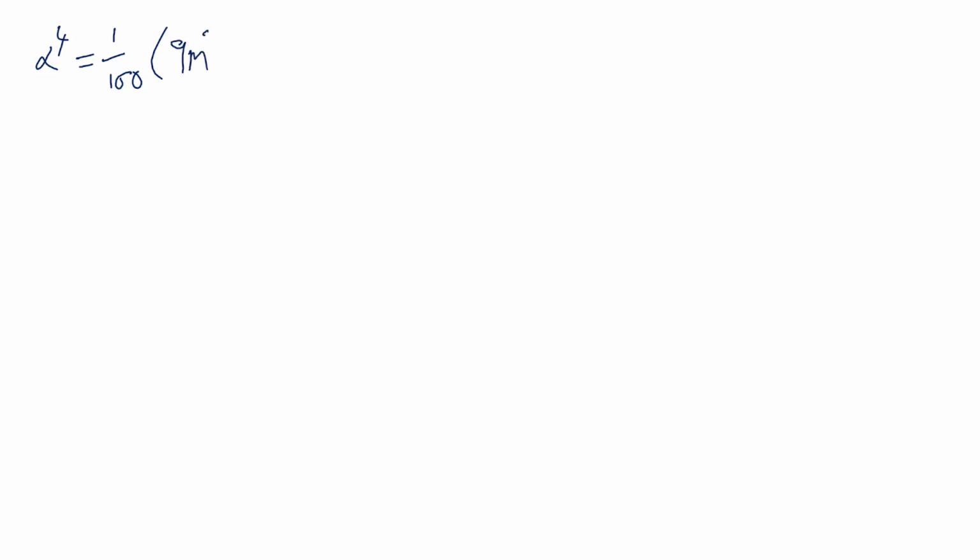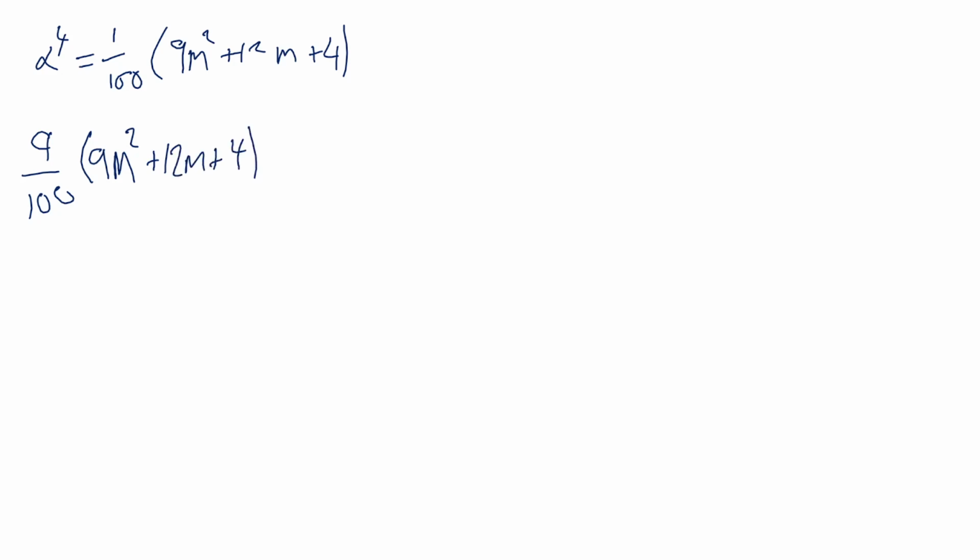So we have 9m squared plus 12m plus 4. I'm trying to do this from memory. Our second equation had a 9 alpha to the 4, so we need to multiply this by 9. So we have 9/100ths of (9m squared plus 12m plus 4) equals m squared.